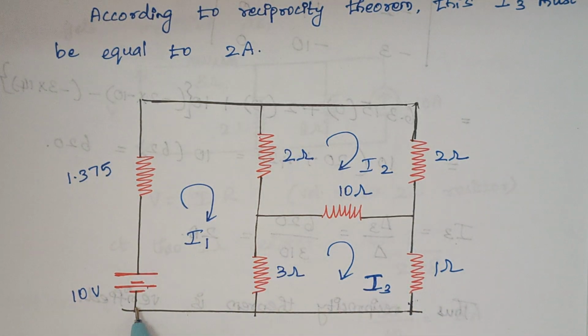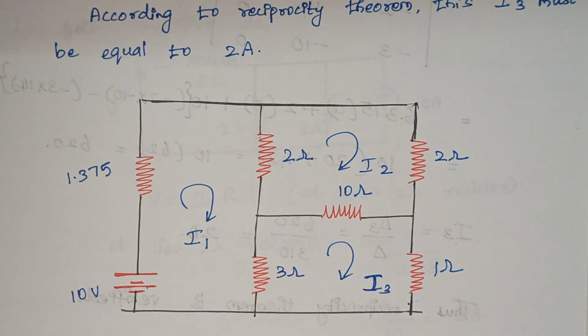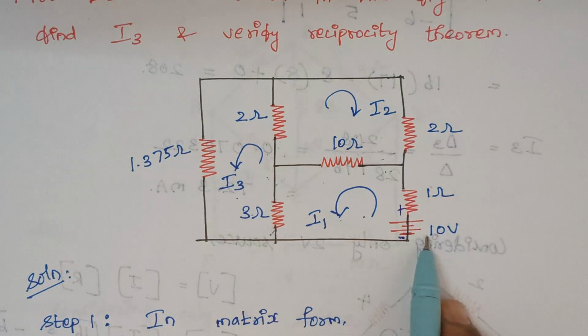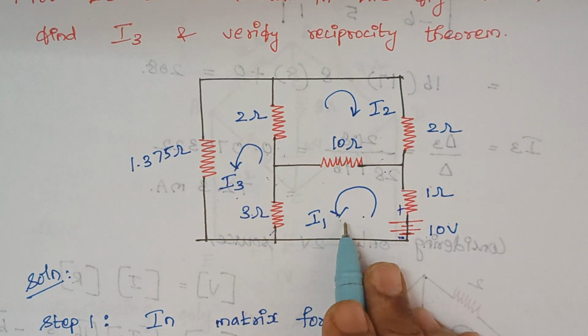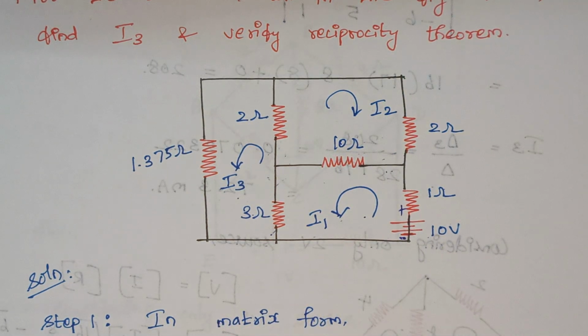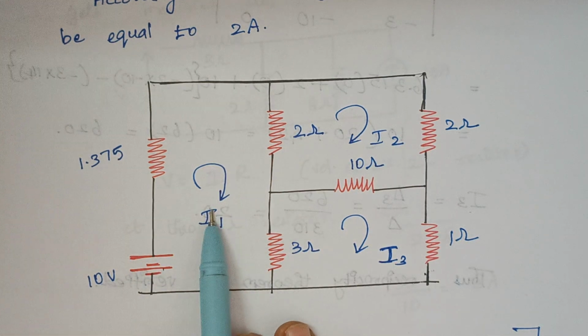So the place, that is the loop which holds the voltage source, is assumed to have the current I1, because when you look back, you see here is our voltage source, right? Therefore this loop current is considered to be I1, right? So here this is our I1, right?